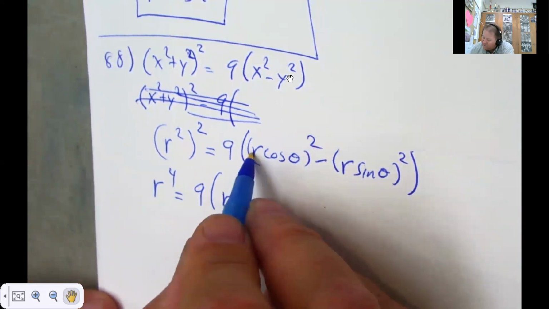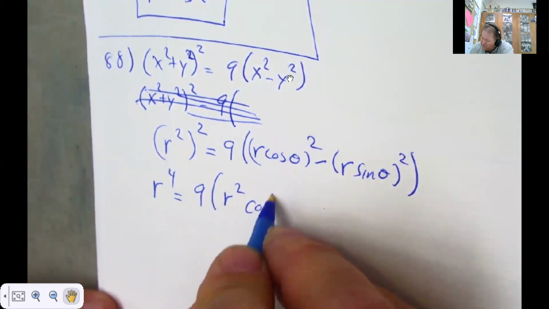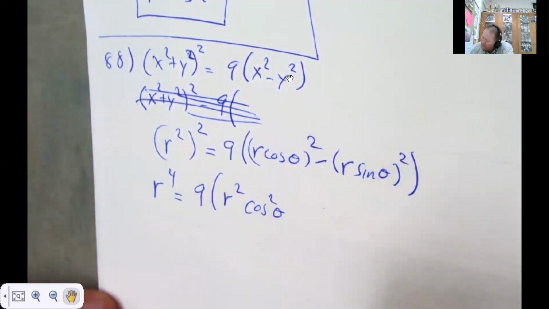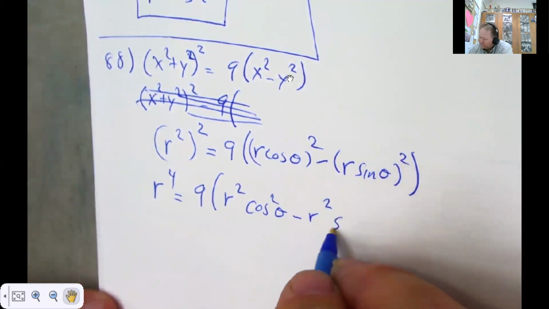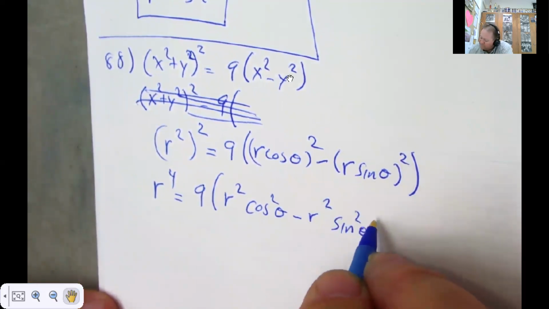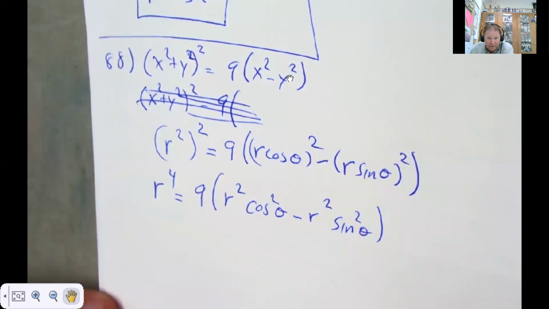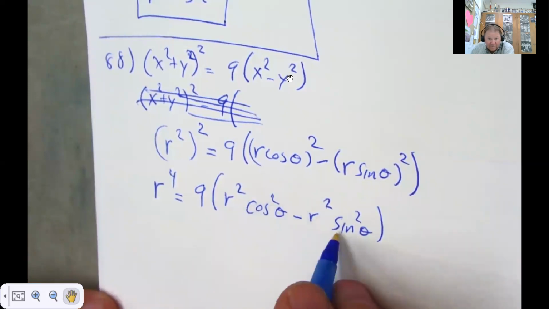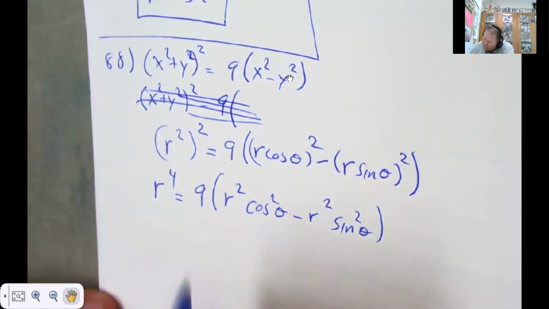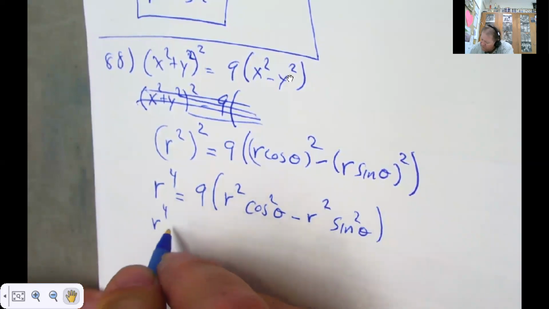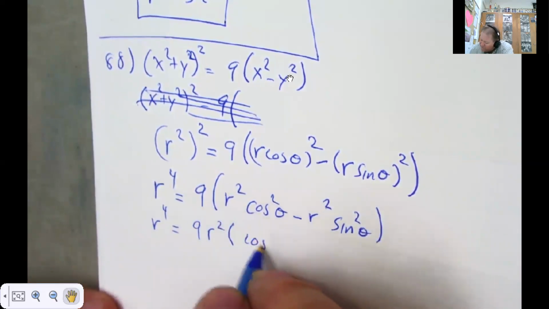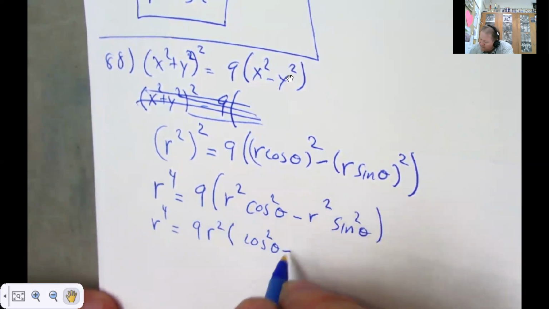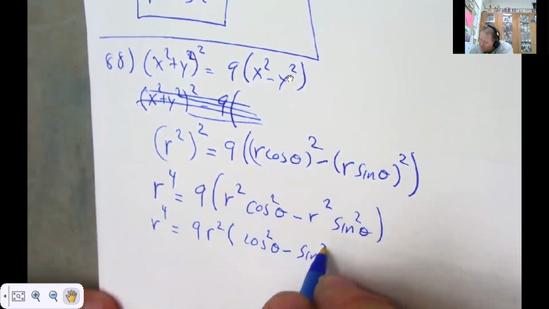So it's going to be r squared cosine squared of theta, r squared sine squared of theta. And now I can factor out an r squared. So r to the 4th is equal to 9r squared times cosine squared of theta minus sine squared of theta.